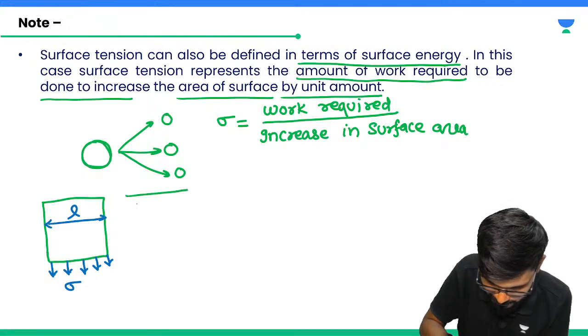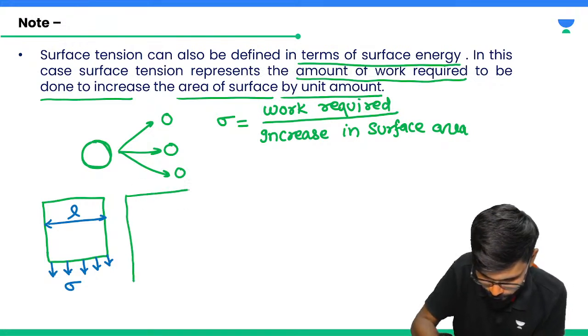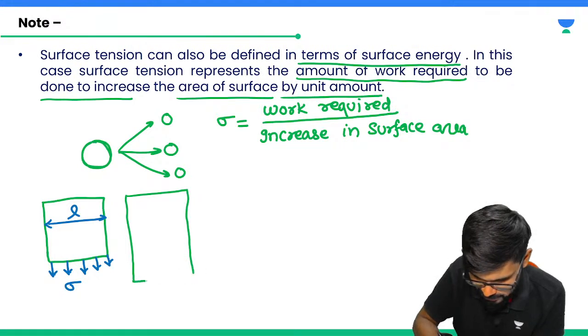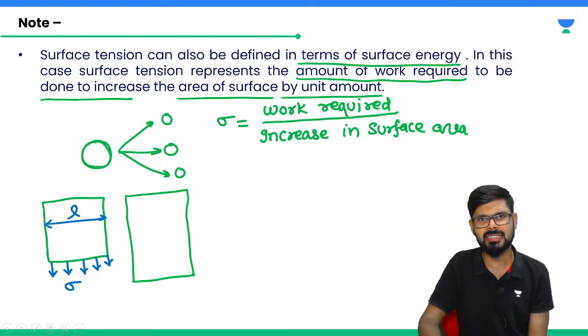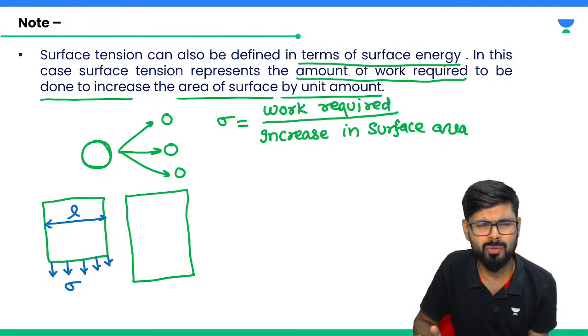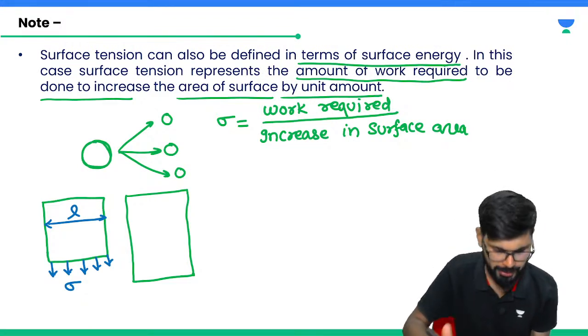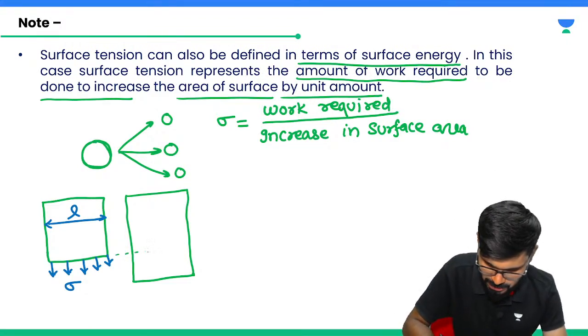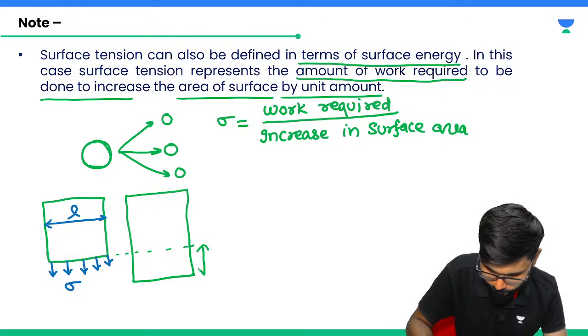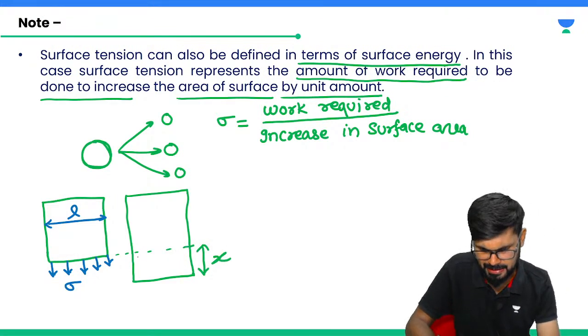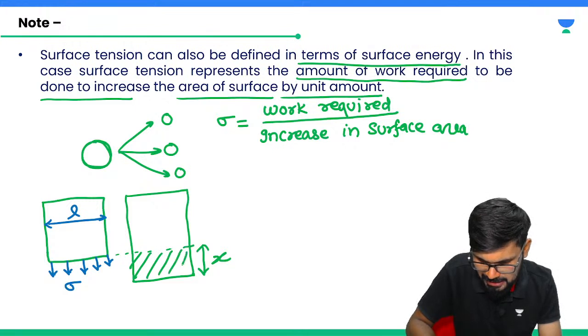Some surface area, this much, increases. Don't go by the shape, only go by the amount. Let's say it is stretched by delta x, or x distance. So this is the increase in area.